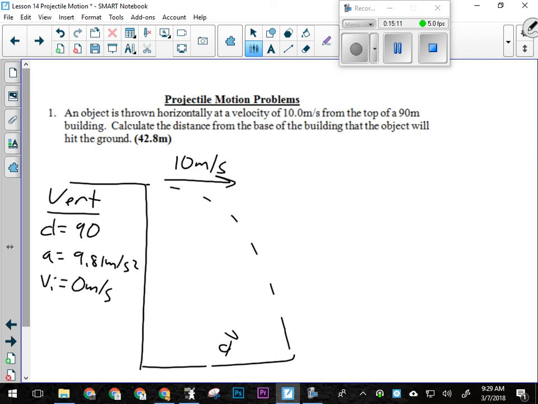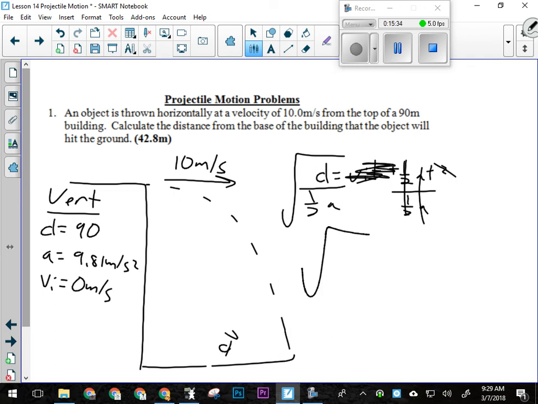So what can I find with these three pieces of information? Time. Yeah, I'm going to use d equals vi times t plus 1/2 at squared. This is 0, so I can get rid of it. Solving for t means I bring half of a over to this side, and then what do I have to do? Square root.